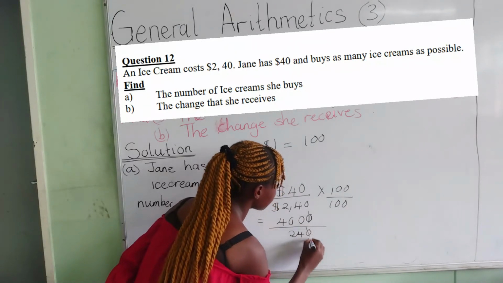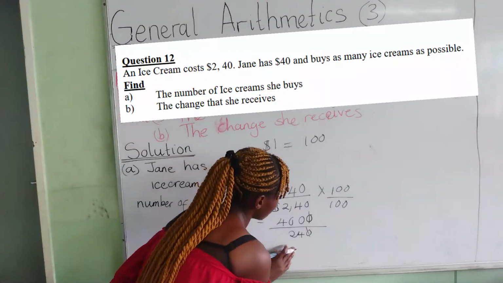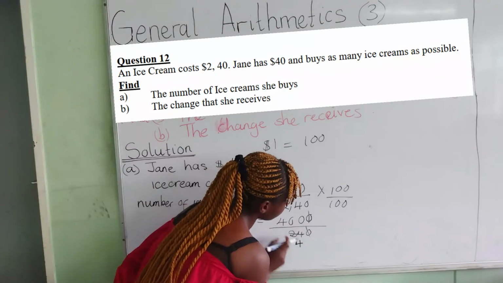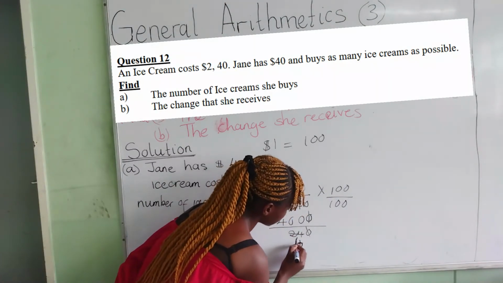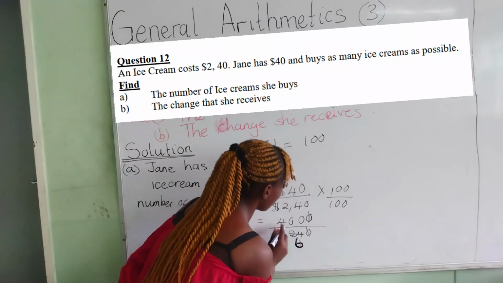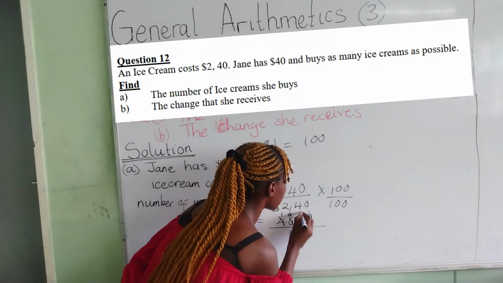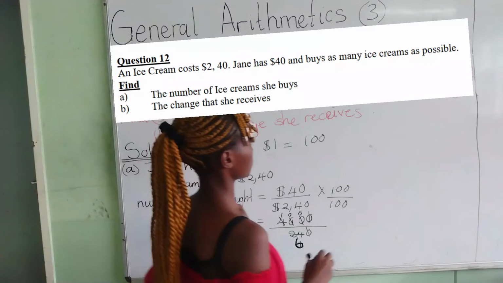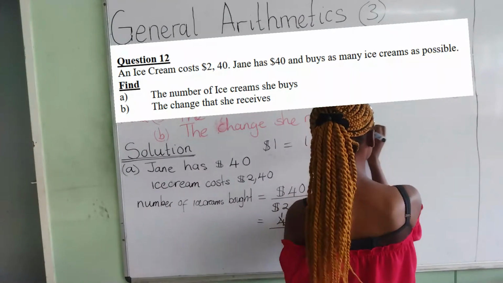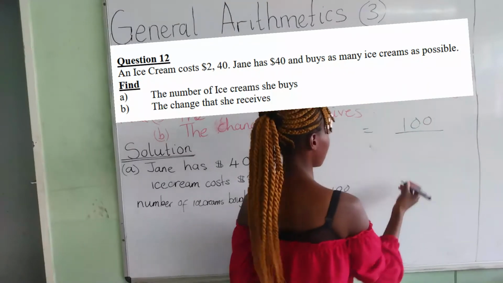We divide: 4 into 24 is 6, 4 into 4 is 1, 4 into 7 is 7. Then we now divide 6 into 100, which equals 100 over 6.